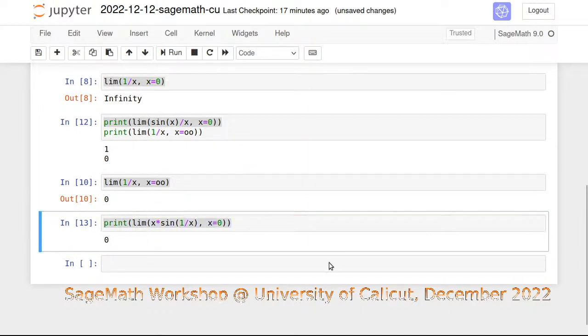Now to find the left and right limits, we need to just specify its plus limit or minus limit. x goes to a plus or a minus. Exactly the same thing we have to do.